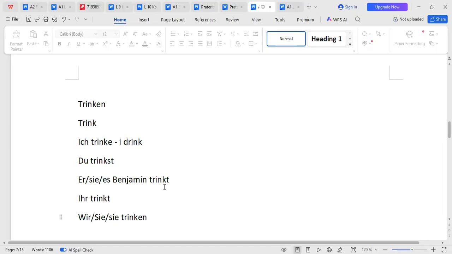So if it is trinkt, you will see sie trinkt. So you just know that this one is sie for she, because for she we have T at the end. But if you see small s, sie trinken, you know that they mean sie for they. So it's very simple. The conjugation will guide you. So you must know the rules of conjugation. Anytime you've been told, please conjugate any verb, know the rules. The rules are simple. Ich trinke, du trinkst, er, sie, es, man trinkt, ihr trinkt, wir, sie trinken.